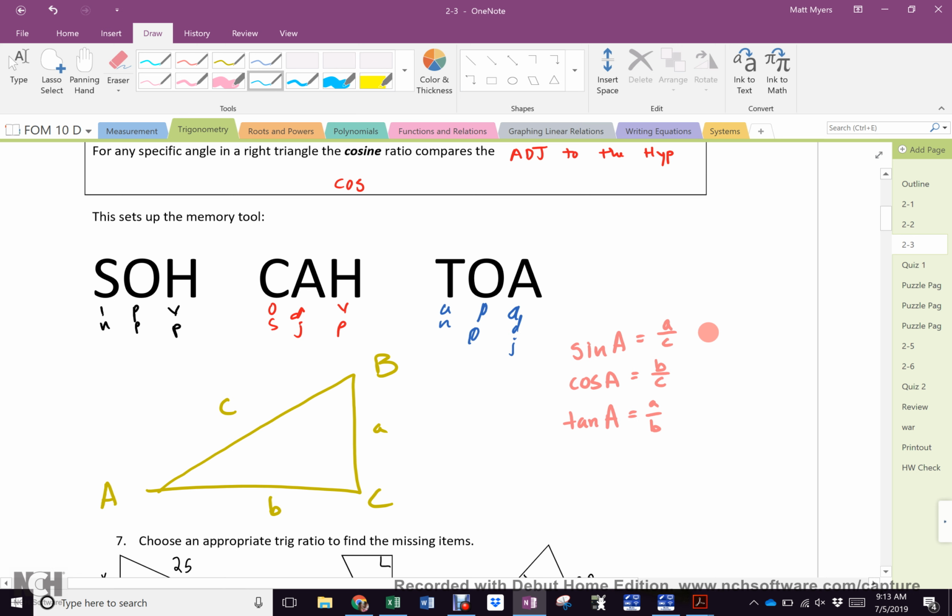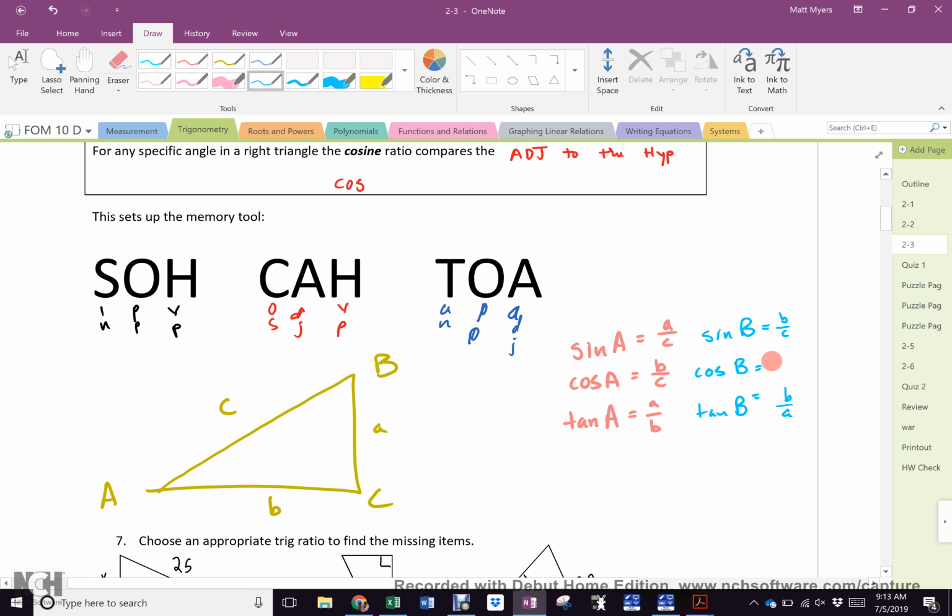Now, what is the sine of B? Cos of B and tan of B. We already know tan of B is B over A. It reverses. So, what is the sine of B? Little b over c.